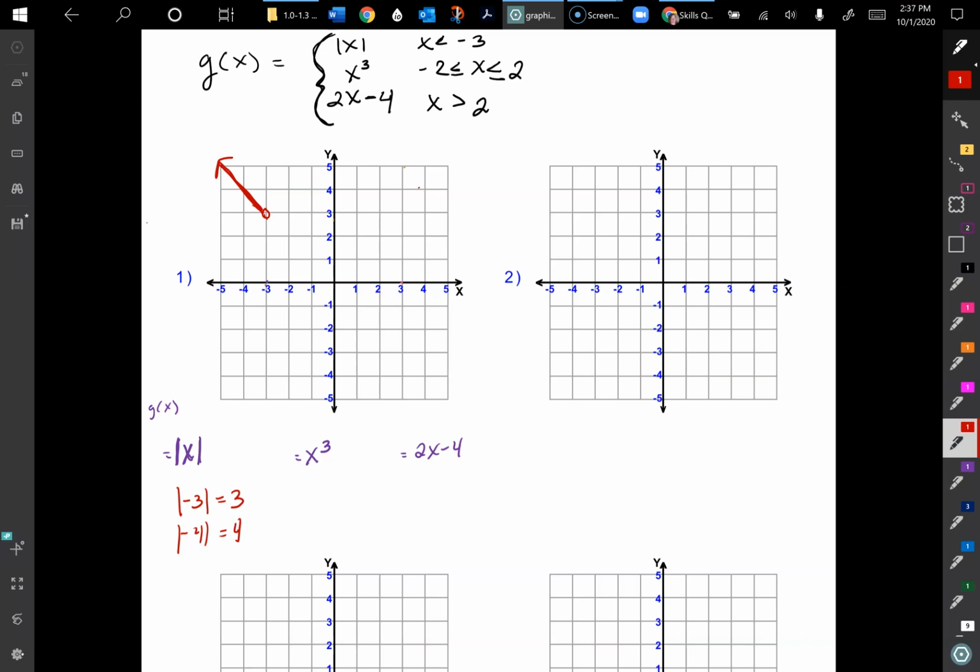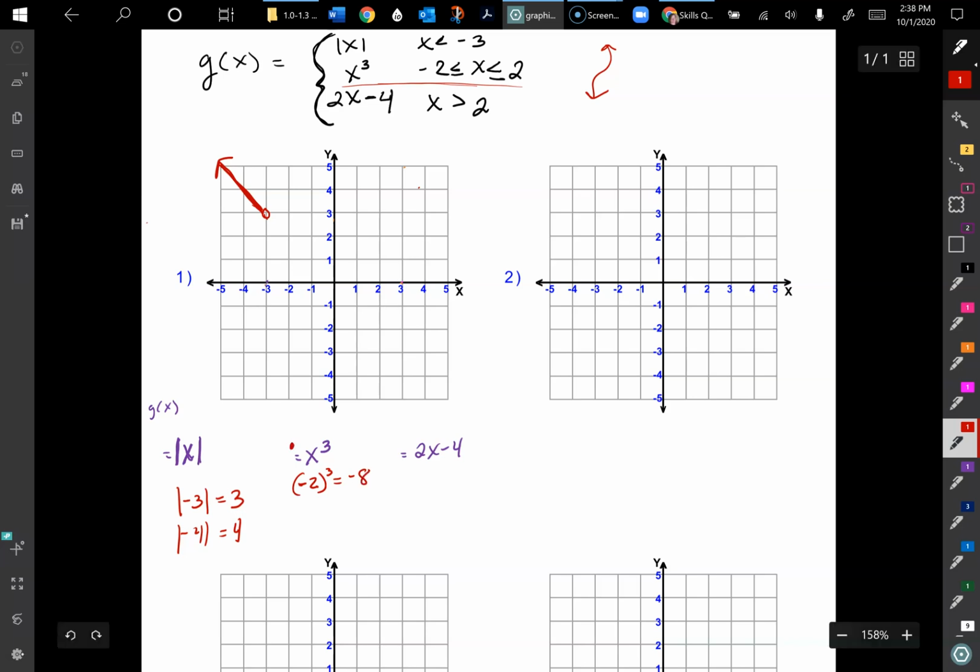Now I'm going to look at this piece here, the x cubed, and I know that shape is generally like this, right? That will fit the values, and if you weren't familiar with that, you could just plug numbers in. So we know it's going to have an x that's equal to -2, and I can cube that, and I would get -8.